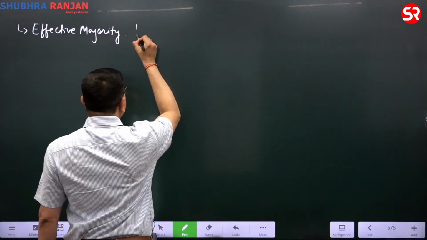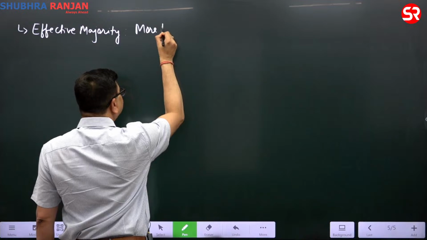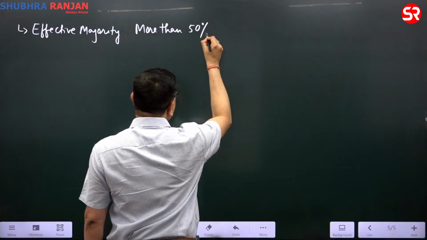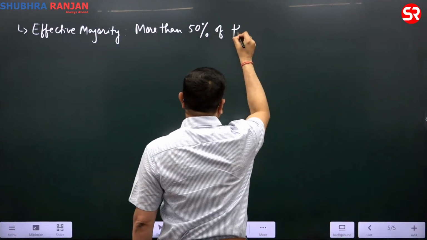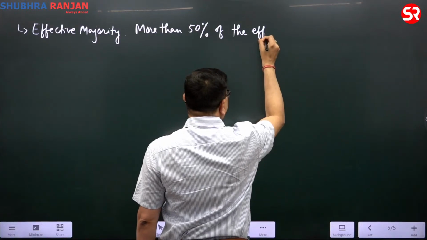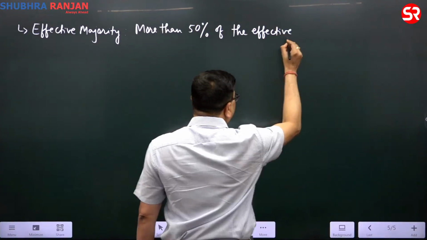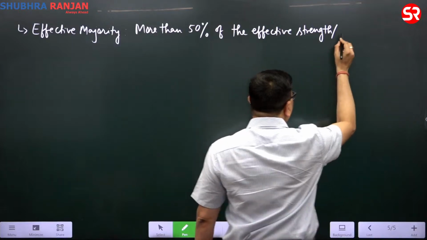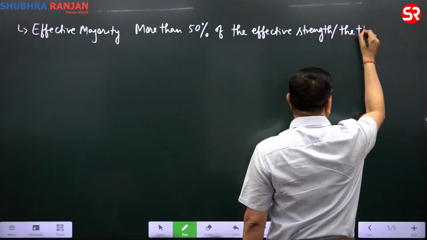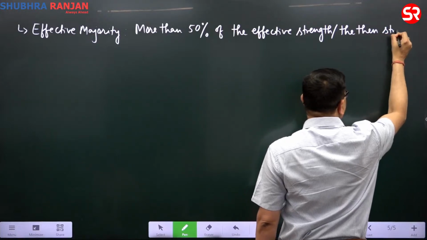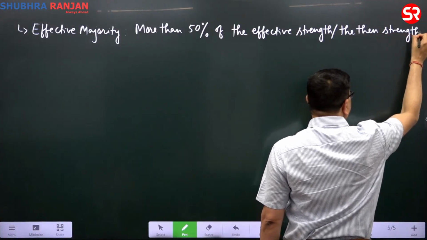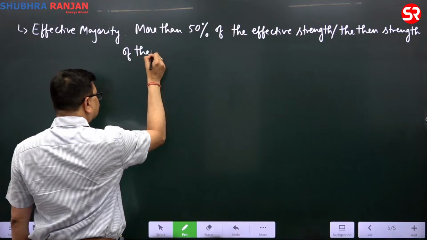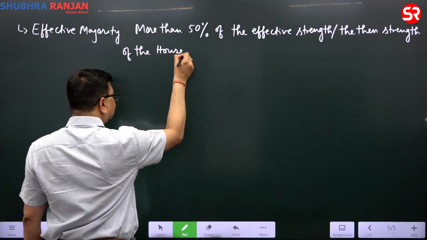Effective majority is more than 50% of the effective strength or the then strength of the House.